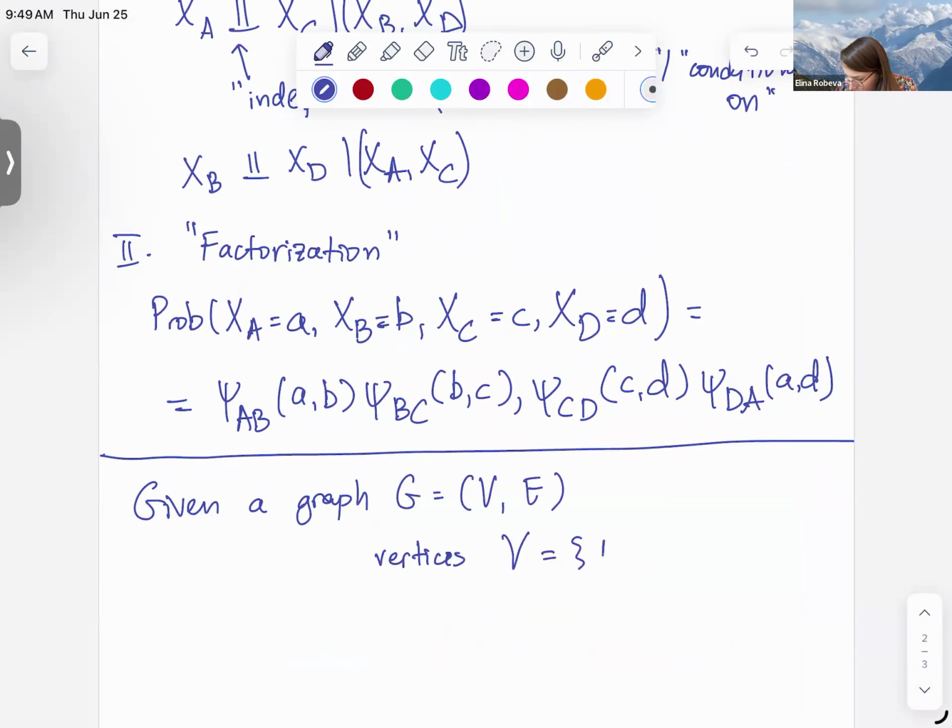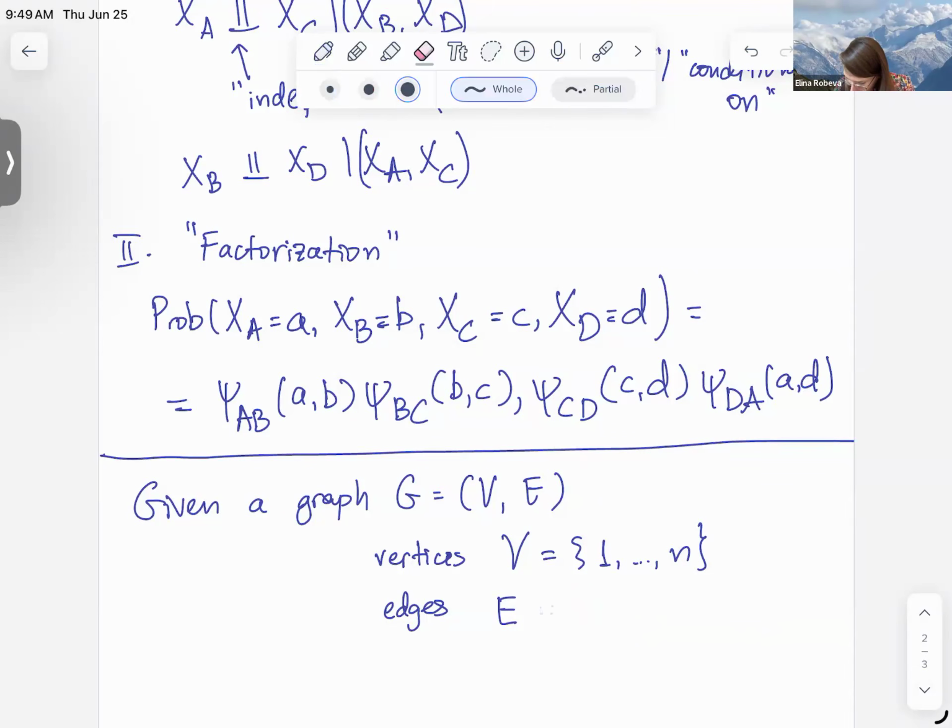And sometimes we want to just assume they're the numbers from 1 to n or 1 to some number. And the edges are E. And here, because we're an undirected graph, the edges are actually unordered pairs of vertices. So ij such that i is not equal to j, yeah, so these are the edges.